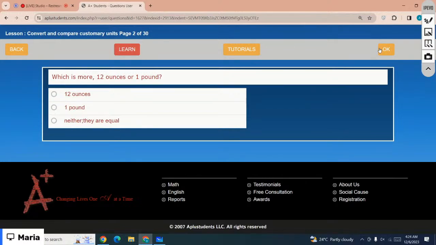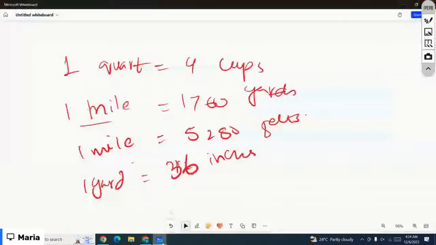Which is the correct option? 1 pound equals 16 ounces.